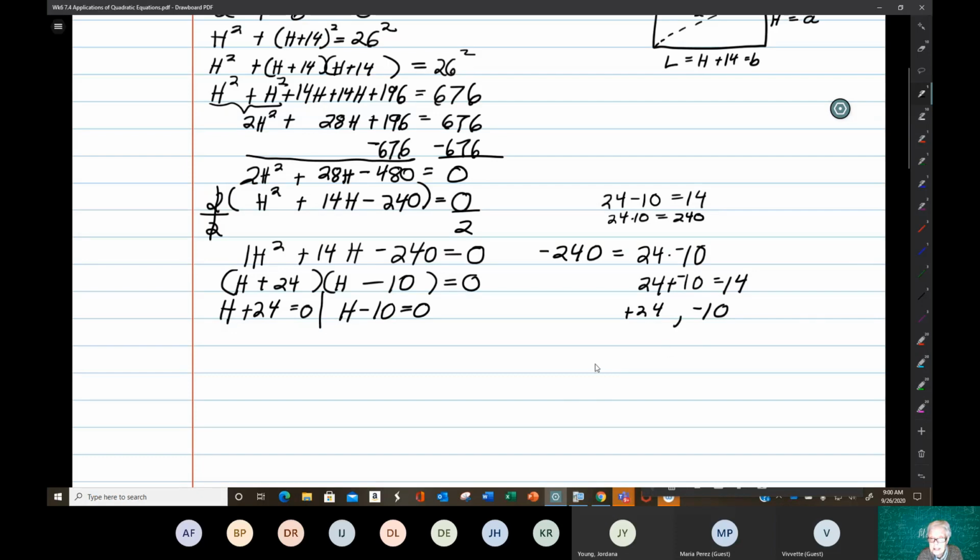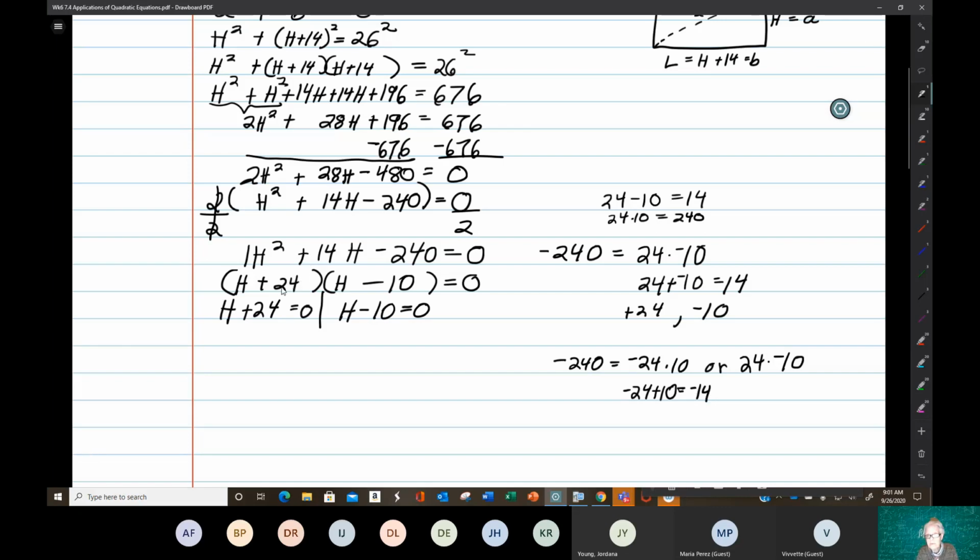Right. And that means that negative 240 is going to equal a positive number times a negative number. So since I know there's a relationship between 24 and 10 and 14, I kind of explored that with, all right, what about negative 24 times 10 or 24 times negative 10? And then if I add these together, I get negative 14.